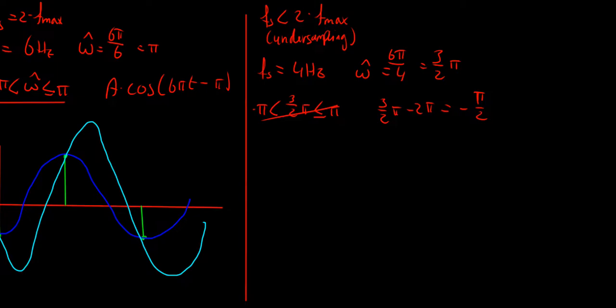Well, this is great because minus pi over 2 is indeed in these boundaries. So we get our reconstructed function of 3 times the cosine of minus 2 pi t minus pi. And this, of course, gives us problems.